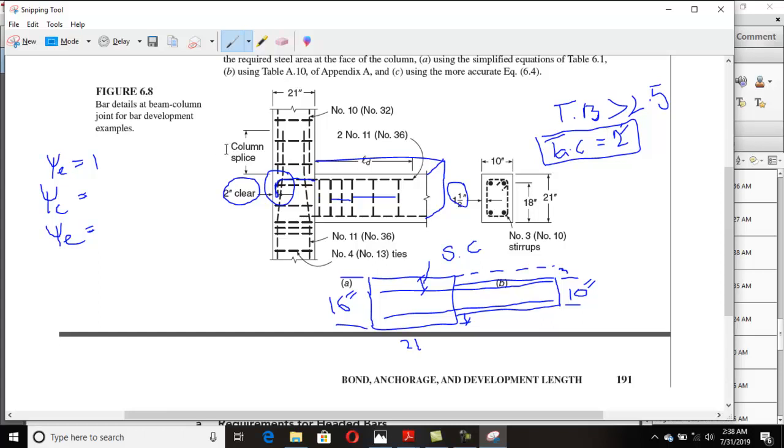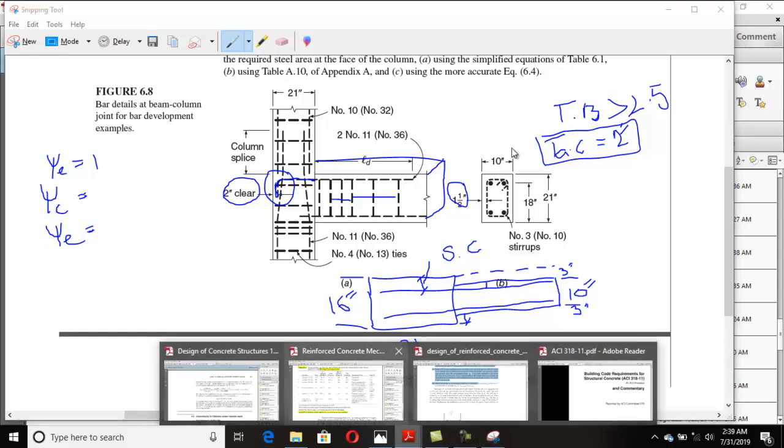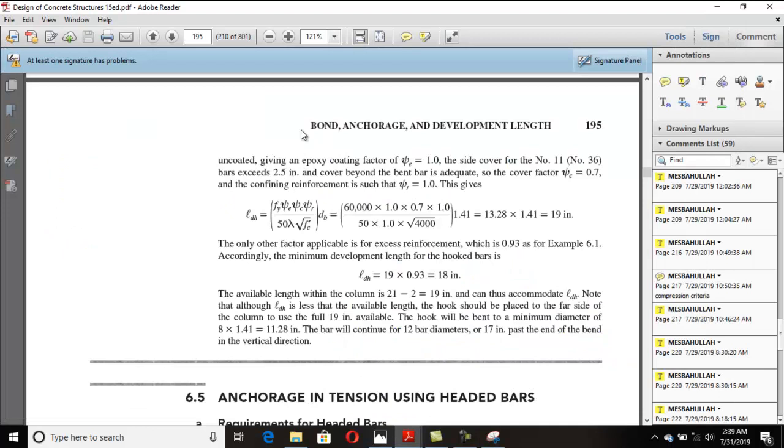So 3 inches will be on this side and 3 inches on this side. So this 3 inches plus this cover 1.5 gives you the total side cover.